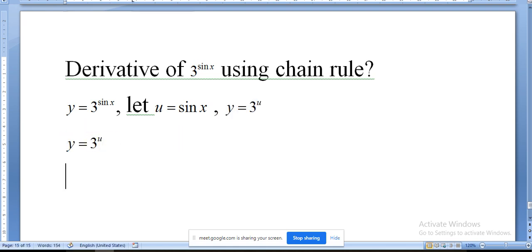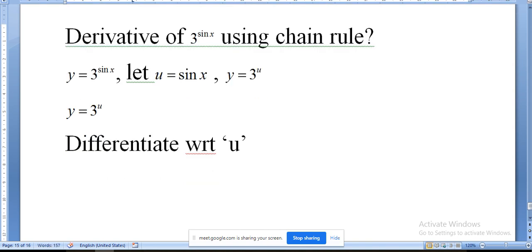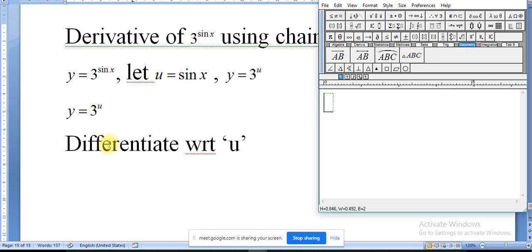Now we differentiate with respect to u. See the difference here: I am differentiating with respect to u because y is a function of u, and what I get is dy by du.